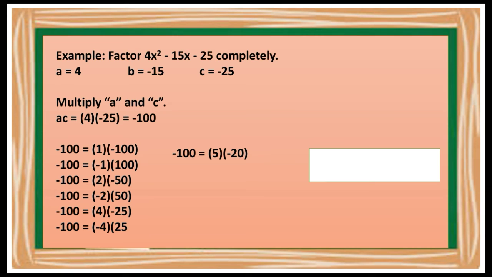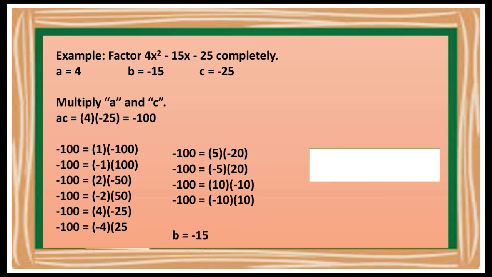We also have 5 times negative 20, or negative 5 times 20, and lastly we have 10 times negative 10, or negative 10 times 10. Now these are the factors of negative 100, the product of your a and c.